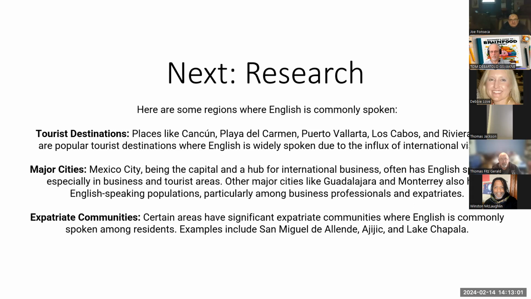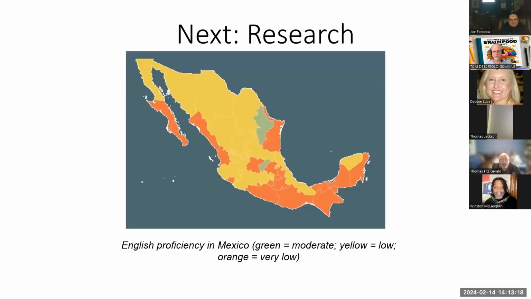Expatriate communities: certain areas have significant expatriate communities where English is commonly spoken among residents. Examples include San Miguel de Allende, Ajijic, and Lake Chapala. English proficiency in Mexico: green is moderate, yellow is low, and orange is high.